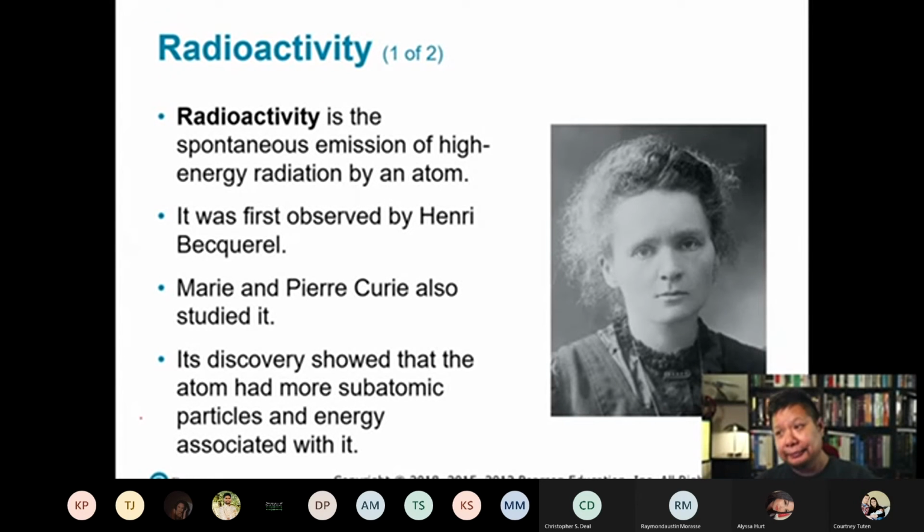What is radioactivity? It is the spontaneous emission of high energy radiation by an atom, which makes sense, right? Because the radiation from the radium, for example, was so high in energy that it was changing the DNA in the jaws and the faces of these women.